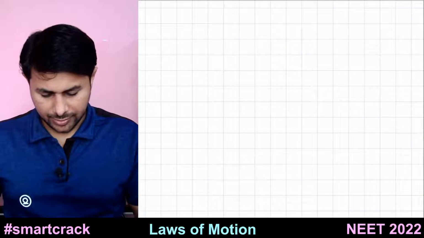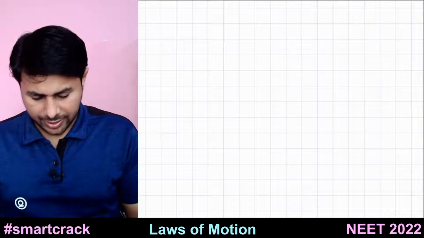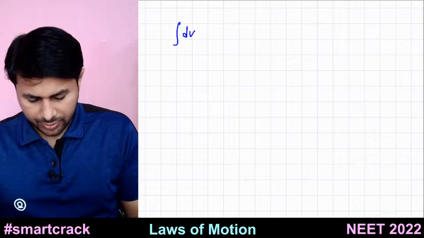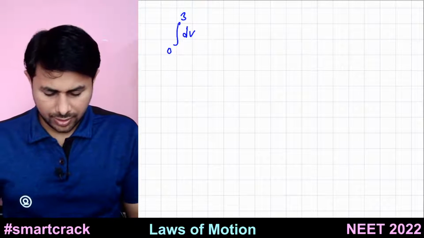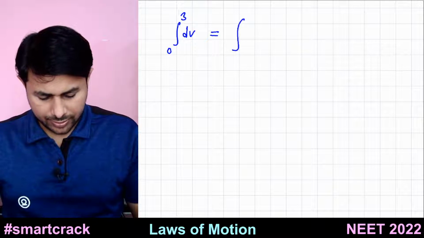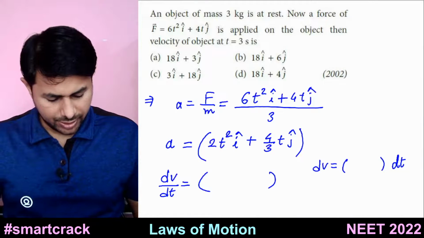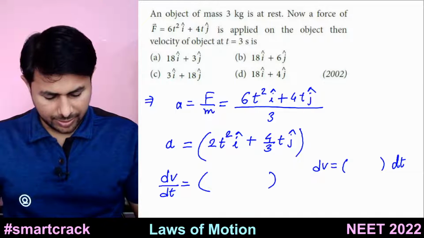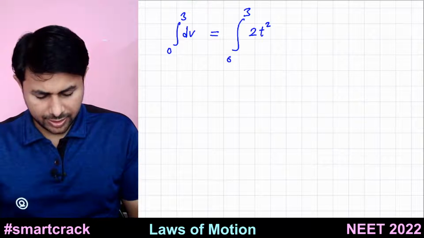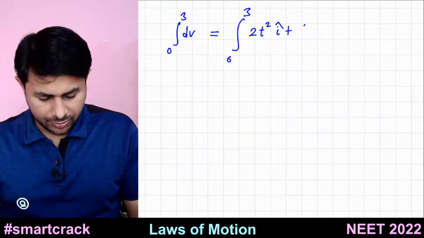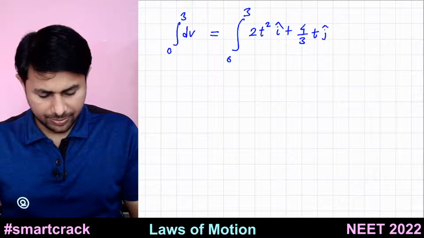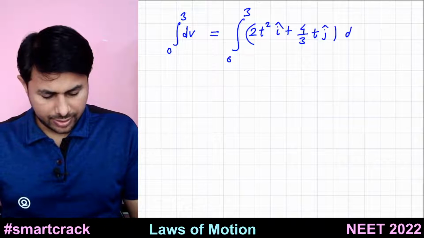So the integral of dv from 0 to 3 is equal to the integral from 0 to 3 of 2t square into i cap plus 4 by 3 t into j cap, dt.